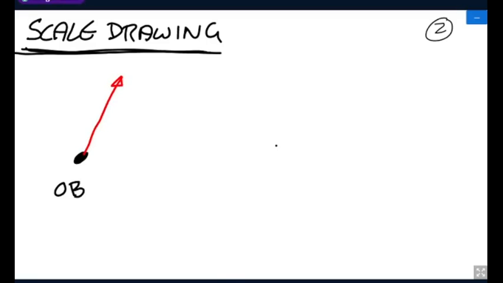Oliver Booth is being pulled that way at 20 newtons, and he's also being pulled this way at, let's say, 40 newtons, and the angle between them is, say, 60 degrees.